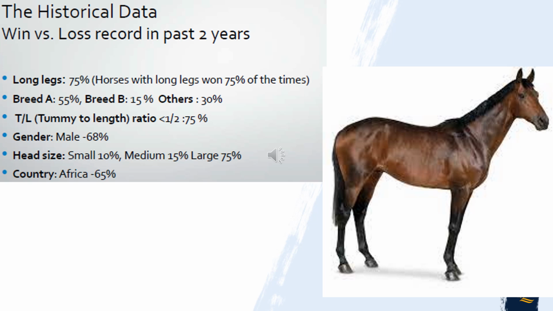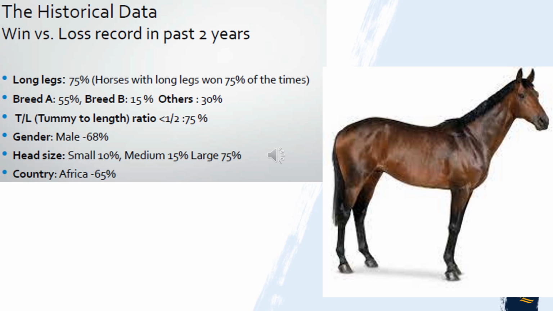Now, let's take a closer look at the historical data to predict the winner of a race. Just like in banking, where we analyze customer data to assess risk, in horse racing, we examine key characteristics that have been strong predictors of success. In our case, historical data for a horse could be as follows. Long legs.